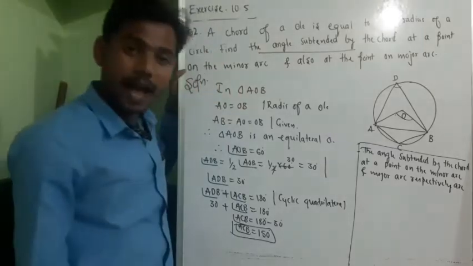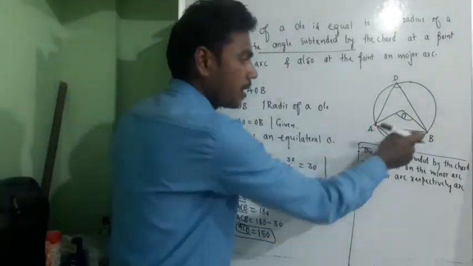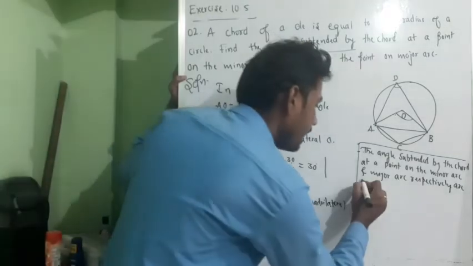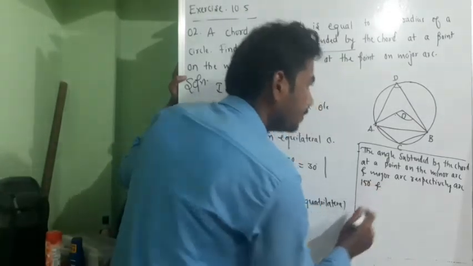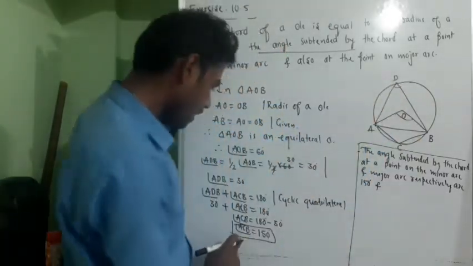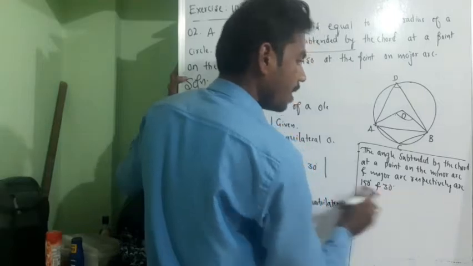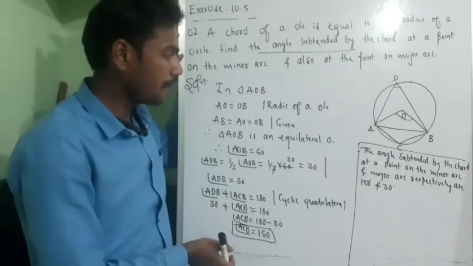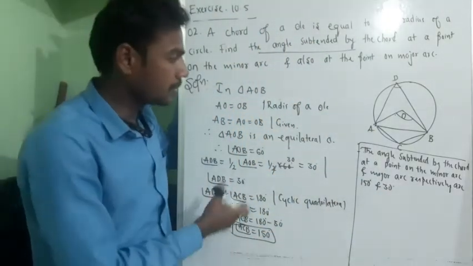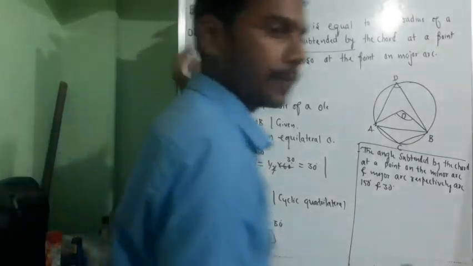So what is the angle formed at the minor arc? This is the minor arc. What is the angle formed? That is 150 degree. And what is the angle formed at the major arc? That is ADB, 30 degree. So this should be your conclusion. Please note this down. If you have any difficulty in solving this, please do contact me. I am going to help you.